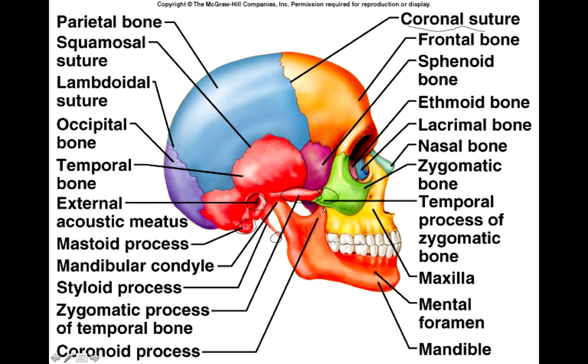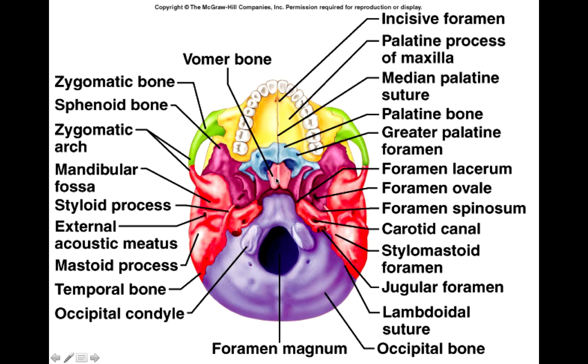Okay, on the maxilla, we can also see the coronoid process. This inferior view lets us see a lot of the features we need for these bones. So the occipital bone makes up the back of the skull and a lot of the base of the skull.